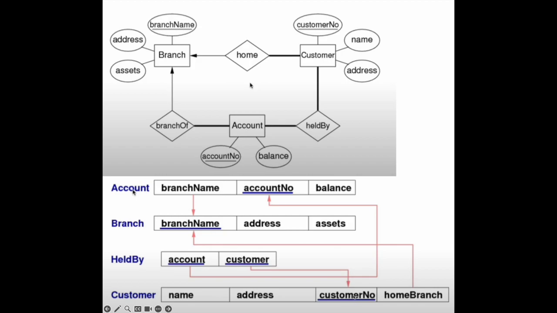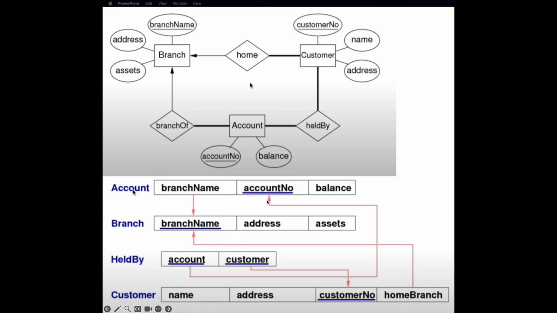Basically, let's say we have this customer. We want to know which accounts he has. We go into the held by relation table, and here we can find him in the customers. And then we can find its equivalent accounts. Or they could have multiple accounts, but once we find that, then we can go into the account relation and see more details about all the accounts they potentially have.